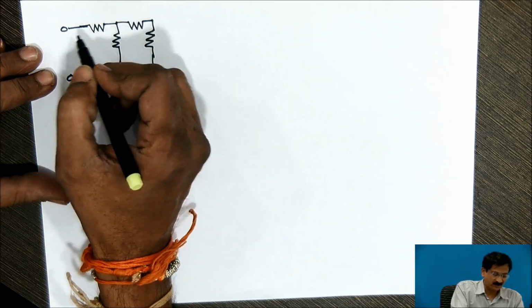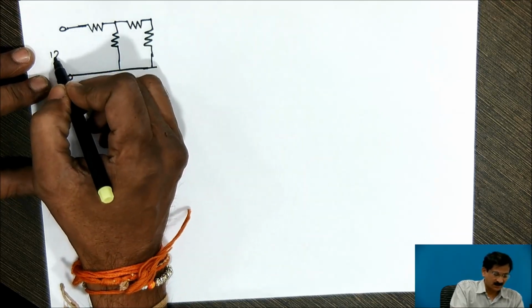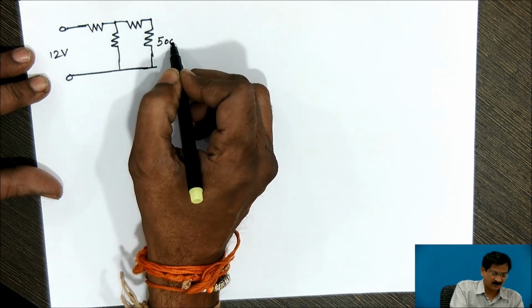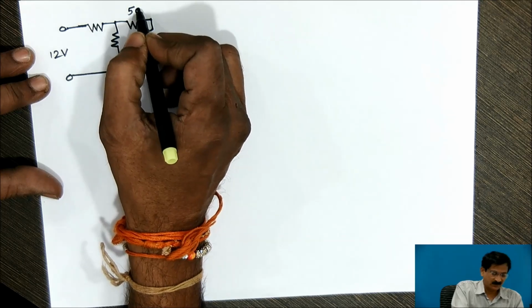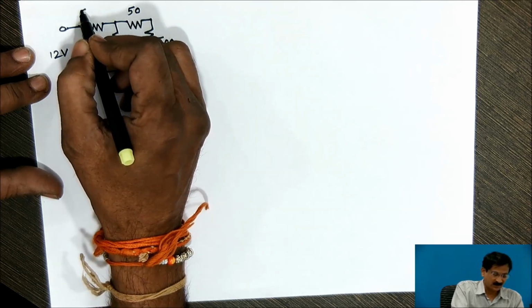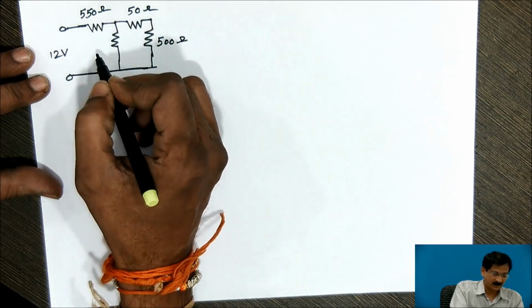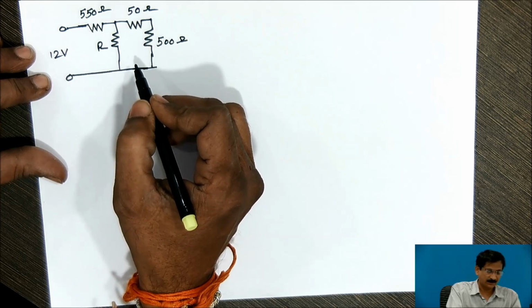This is a circuit having four resistances. Supply voltage is 12 volts. This is the resistance having value 500 ohm. This one 50 ohm. This one 550 ohm. And it is required to find out the value of resistance R.